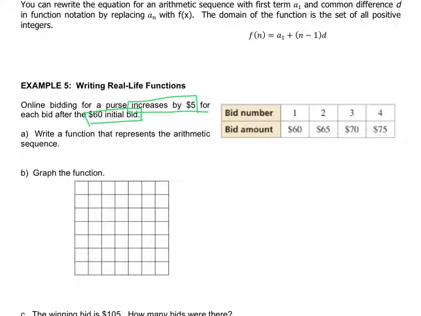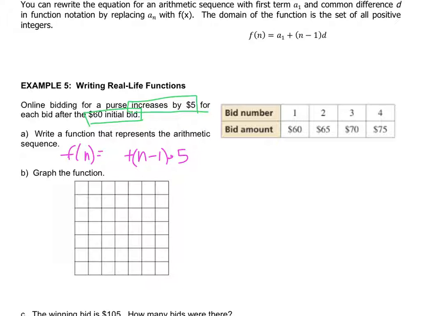So we have f of n is equal to a sub 1, which is 60, plus n minus 1 times 5, because that's the common difference. You can leave it like this, or you can distribute. I'm going to distribute because I feel like it. Hold on, that 60 is sloppy.